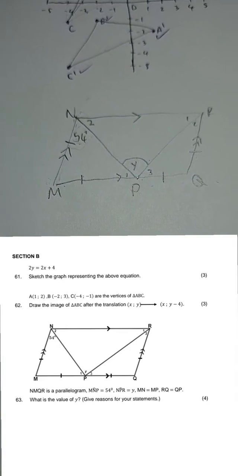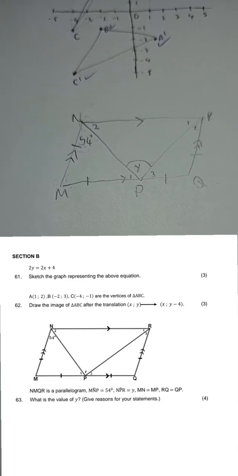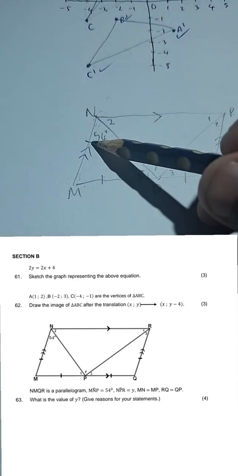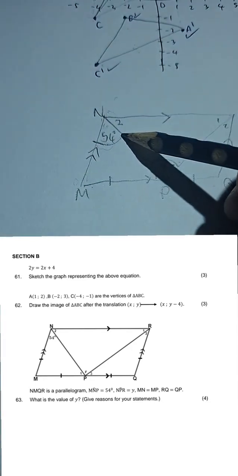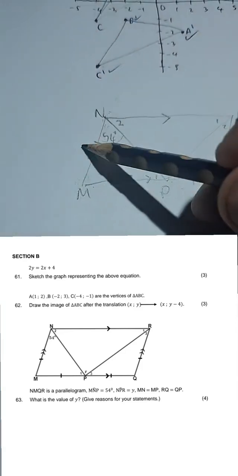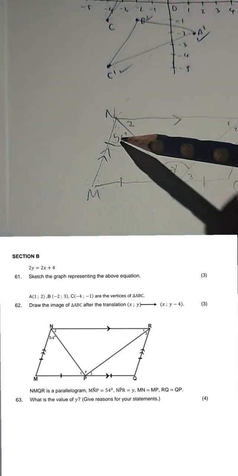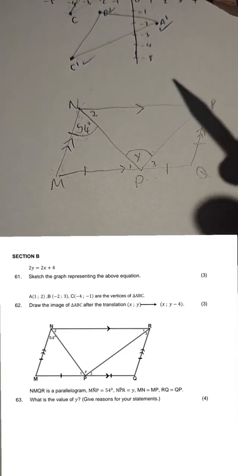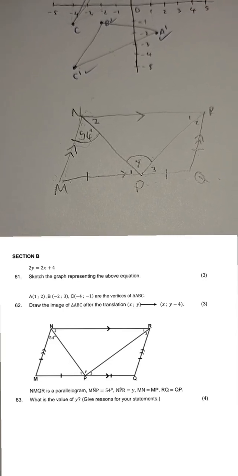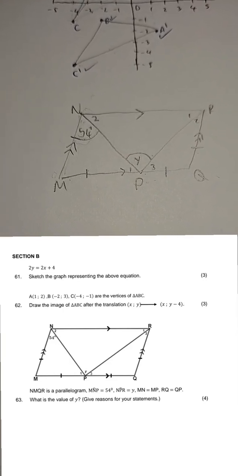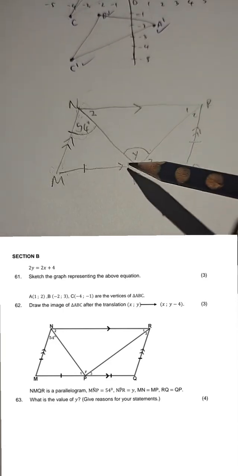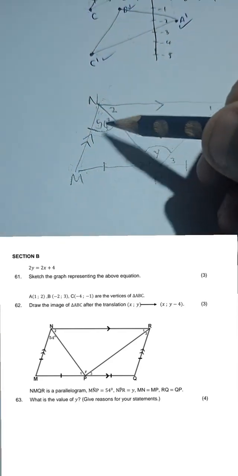Now, what I want to suggest very quickly is that we can use other logic. Something you need to note is that this angle is 54. This triangle is obviously an isosceles triangle. Elisha, it's good that you know the answer, but as it says, we need to give reasons for our statements and actually find the value of Y. So this is 54 degrees.